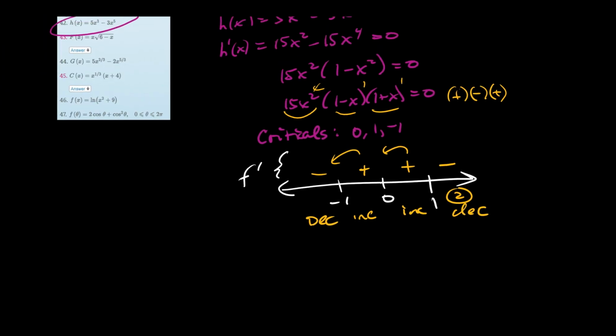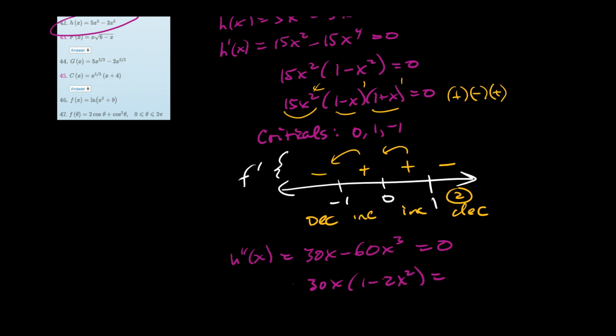All right, so now h double prime of x equals 30x minus 60x to the third power. Okay, so I'm going to set that to 0. I'm going to take out a 30x, and I get 1 minus 2x squared.